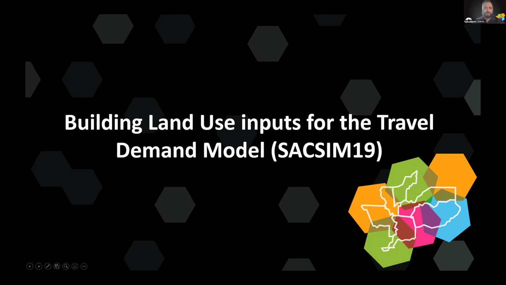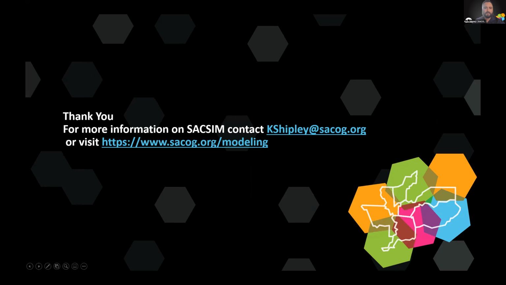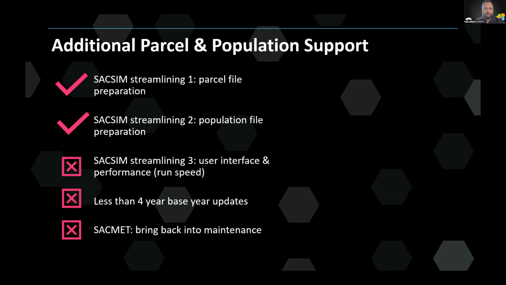So I put these up at the very end of yesterday's MTP discussion. These were topics that came back as feedback and requests to update. Two of these were the streamlining of the parcel file preparation and the streamlining of the population preparation.